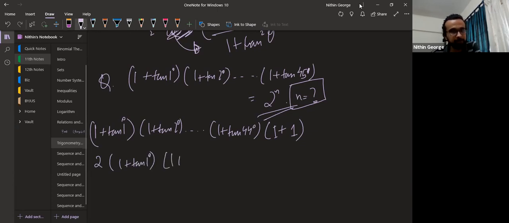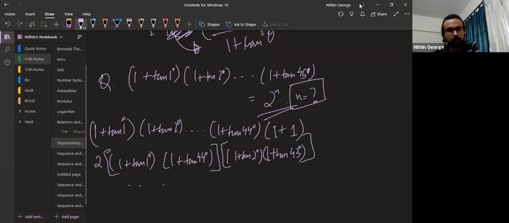I will write the next term as 1 plus tan 44 degree. Okay, I'll keep that there. The next term will be multiplied by 1 plus tan 2 degree into 1 plus tan 43 degree. Okay, and so on up till 1 plus tan 22 degree into 1 plus tan 23 degrees. All right.